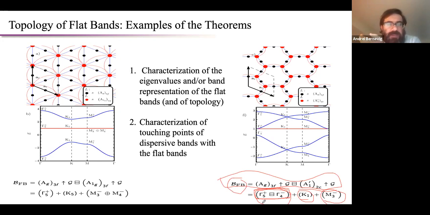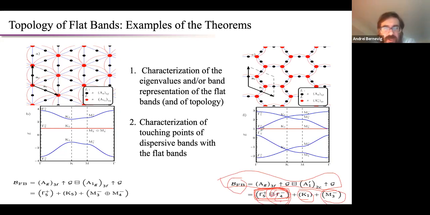Okay, so this means that there's no way here to completely separate the flat band from another band. Okay, so this actually means that here I have not a flat band separated at the gamma point, but a flat band that is connected to another band that provides this gamma 4 representation, so that you don't have to take a minus, which doesn't mean anything.